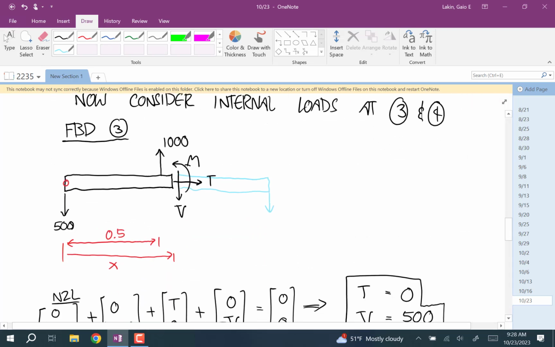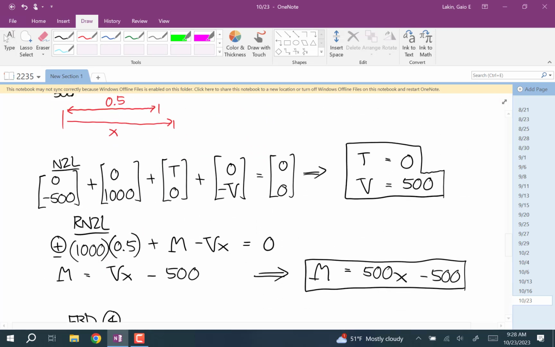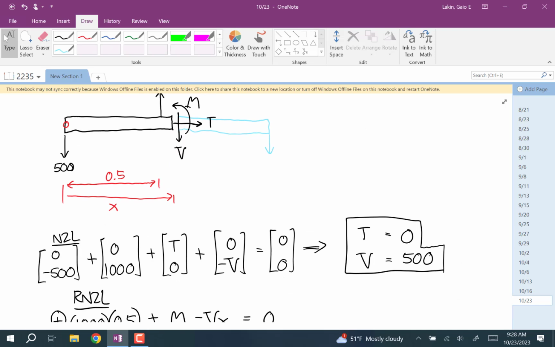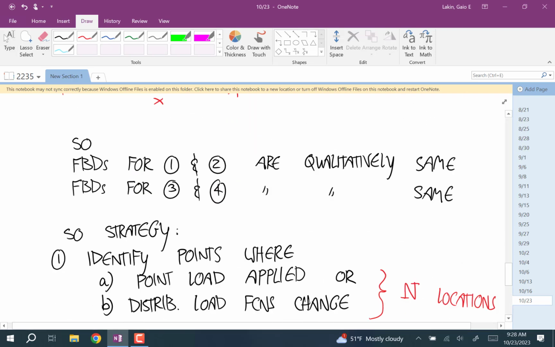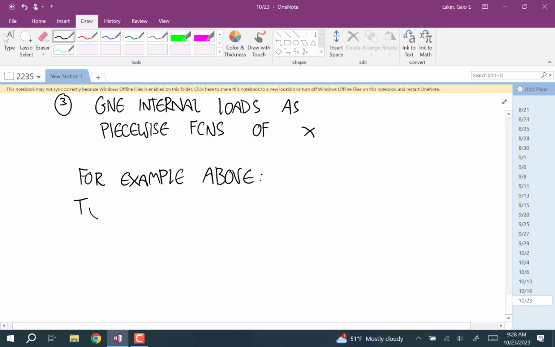And for x values between an x of 0.5 and 1, we also had T equals 0. So, okay, this is a warm-up one. T, as a function of x, is just equal to 0. It doesn't have any internal tension anywhere. Okay? What about the shear force as a function of x? Well, that did change.